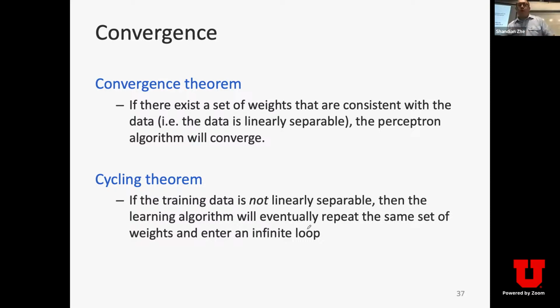The convergence theorem tells that if your data set is linearly separable, after a finite number of updates, it will correctly predict every training example, and it will stop. And the cycling theorem tells us that if your training data is not linearly separable, it will just run your perceptron forever and ever.